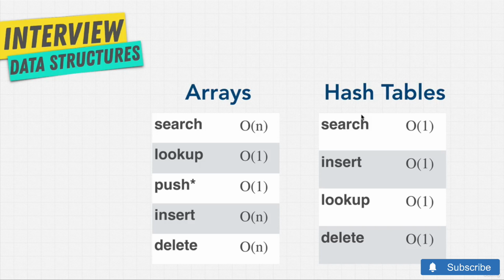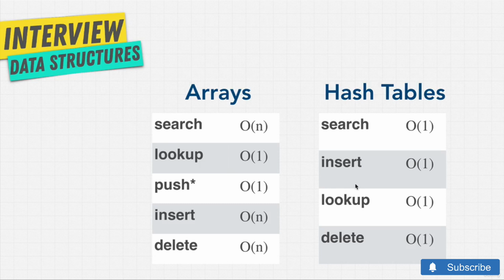And this is why you see hash tables in places like databases, right? We want to search for something in a database and it gives it back to us right away. Similarly, inserting items in a hash table, unlike an array that might shift indexes, is typically O(1).